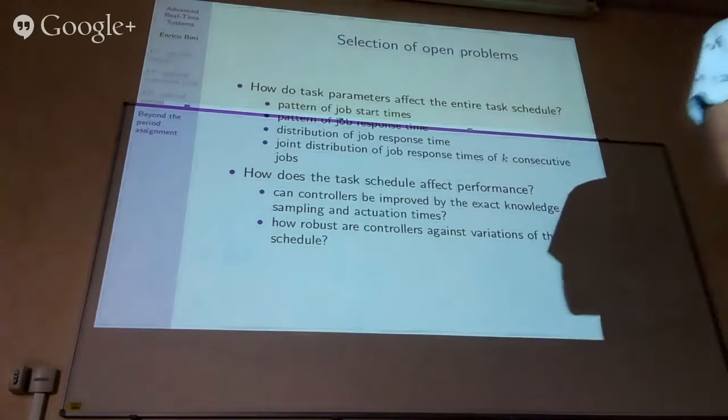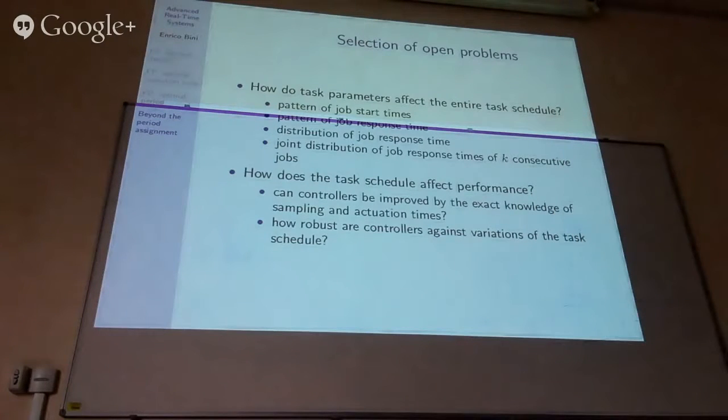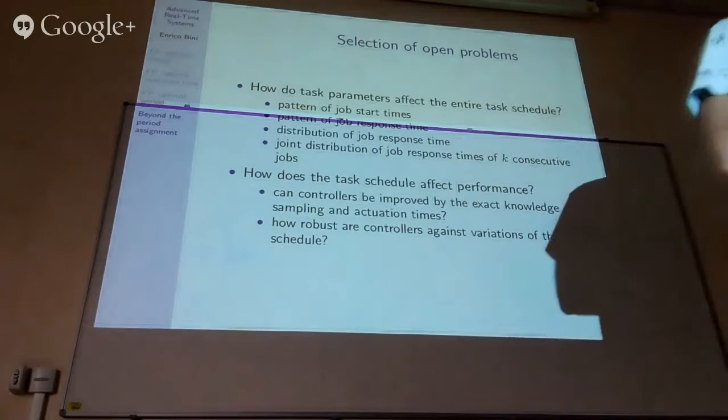Or maybe also the pattern of job response time, the entire pattern of job response time. Or if you want the distribution, if you see the response time as a sort of random variable, what's the distribution as a function of the task parameters?